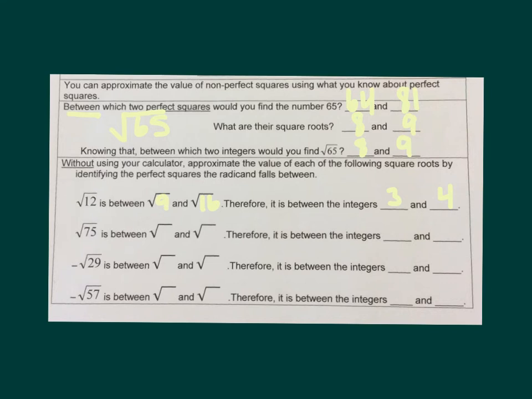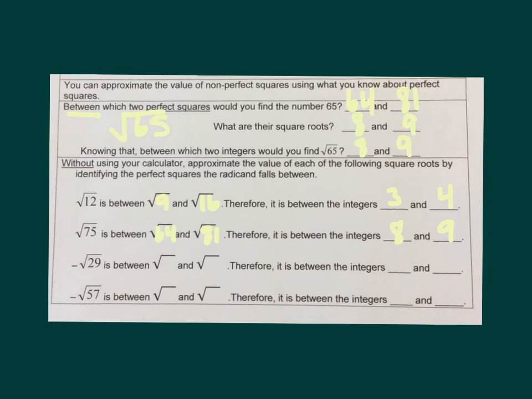We'll get more specific tomorrow, but today you just have to know which two numbers it falls between. Square root of 75. Look at your numbers. You should see that the square root of 75 is falling between 64 and 81. So it also, just like the square root of 65, falls between 8 and 9, somewhere between 8 and 9.